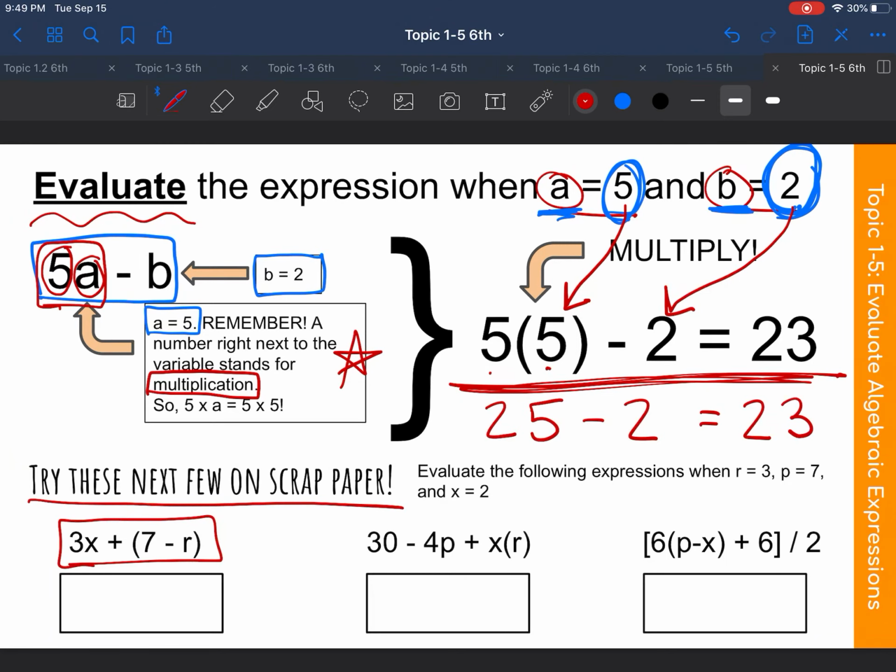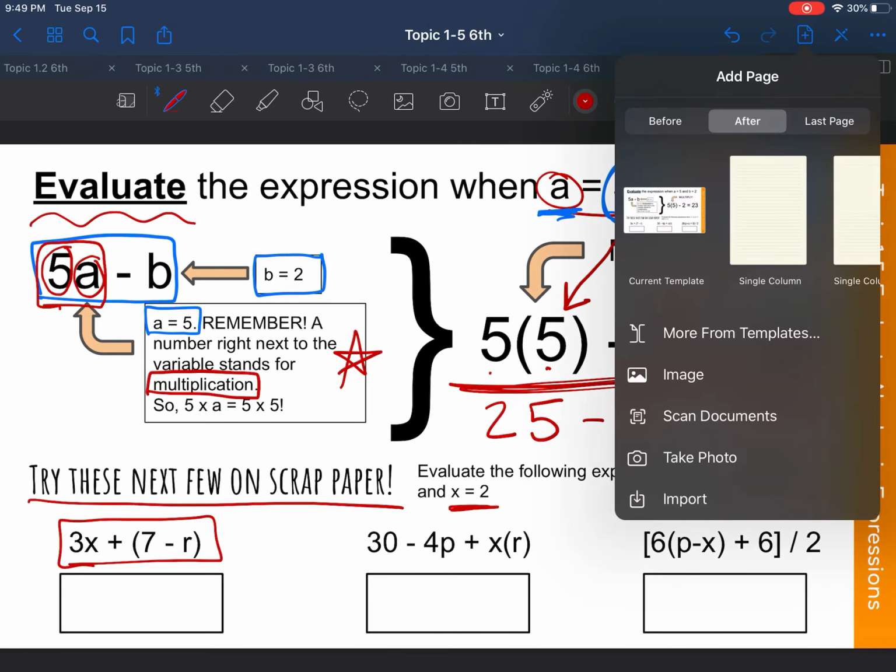So let's do one more together, and then I'm going to have you do these next two on your own to try them out. So you're going to evaluate all three of these expressions when r equals 3, p equals 7, and x equals 2. All right, so on a scrap piece of paper, we're going to do the next one together.